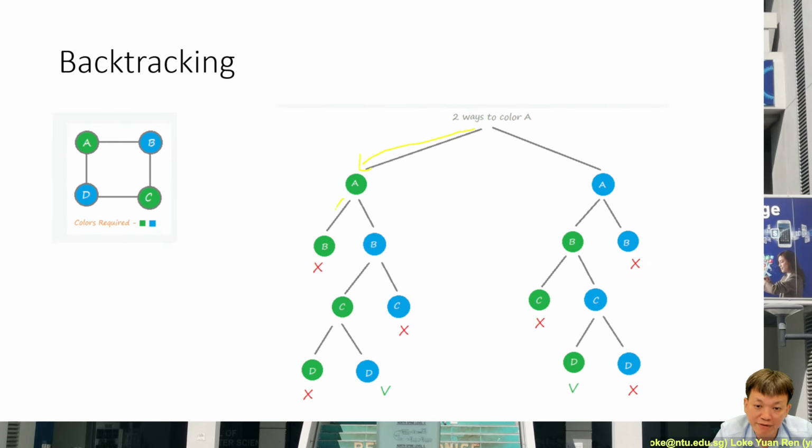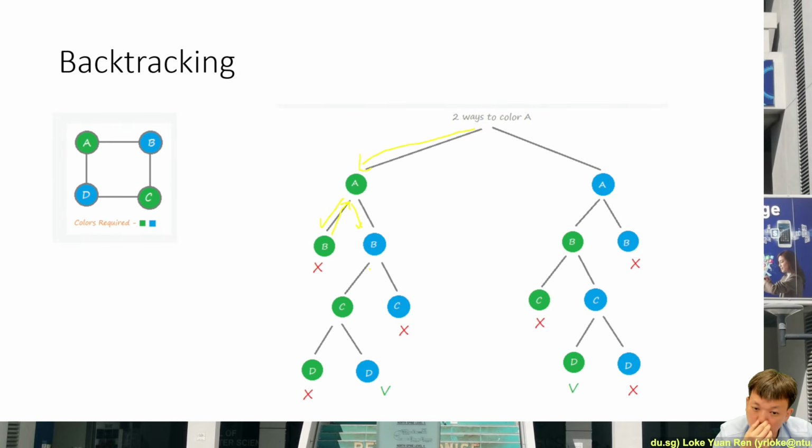If I choose green, then this is not the solution because it is invalid. As I earlier showed you in the algorithm, this is an invalid path. So this is not the solution. You have to backtrack. You have to uncolor B, then try another one. Not surprisingly, you only have another choice, which is blue color in this problem. Then after you successfully color B, you move on to C. C, same thing.